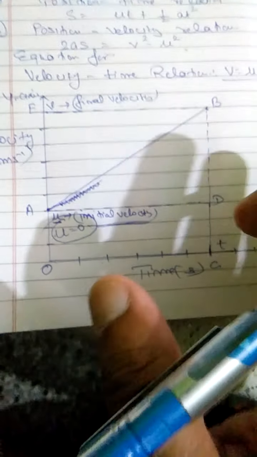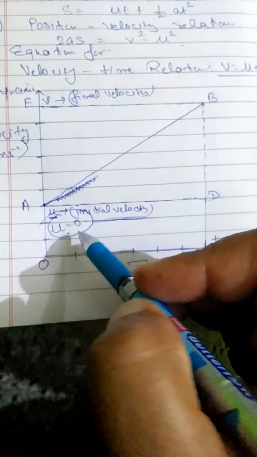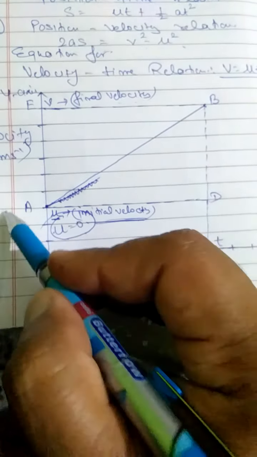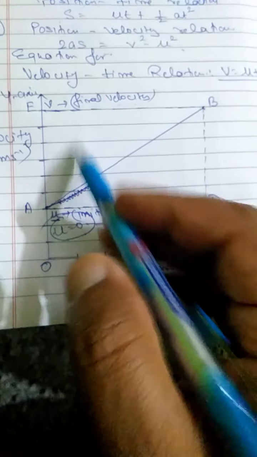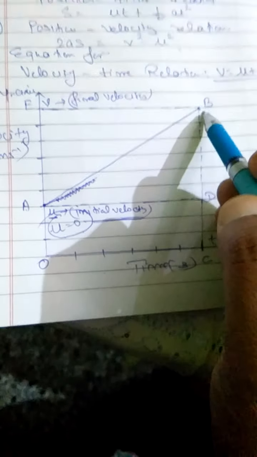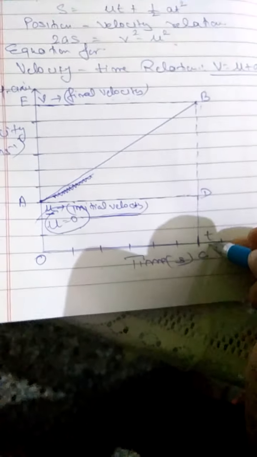Every object starts from rest. Let us consider u is the initial velocity of the object at point A, and then it increases to v at point B in time t.